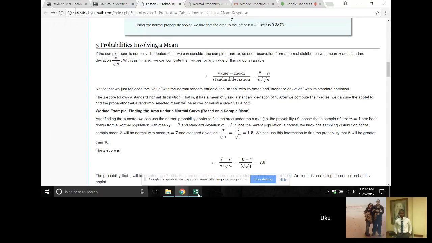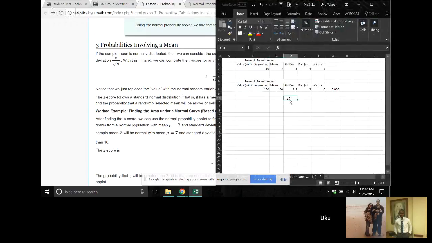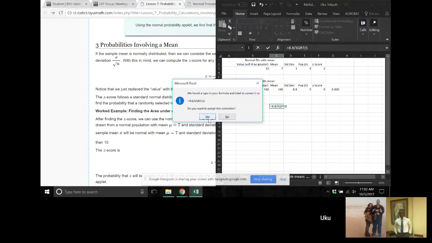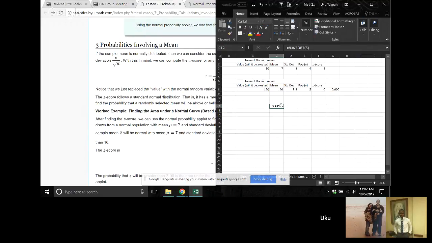Okay, so 8.8 divided by the square root of 5 is 3.935.